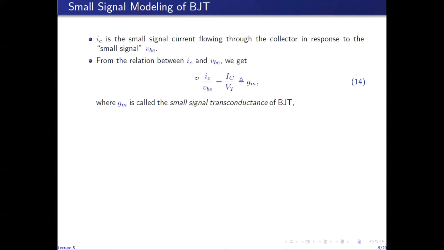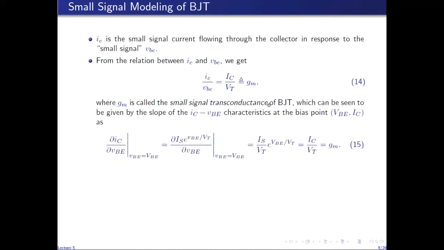And it is called transconductance because it is the ratio of the output current to the input voltage. So this is the output collector AC current, and this is the input base-emitter AC voltage. So this ratio of the small signal output current to the small signal input voltage is called the transconductance by definition.